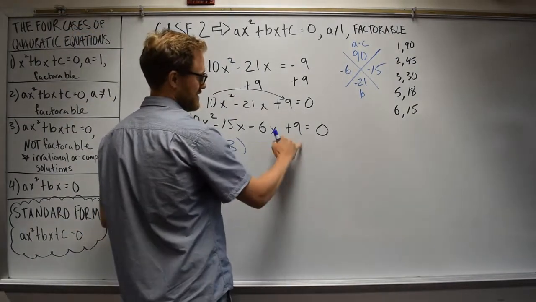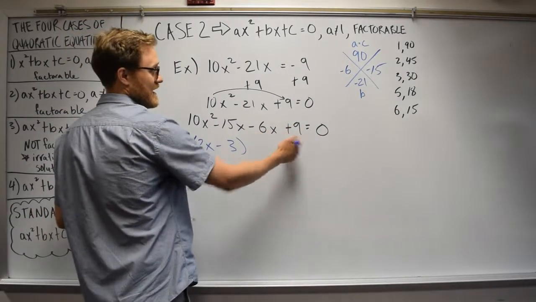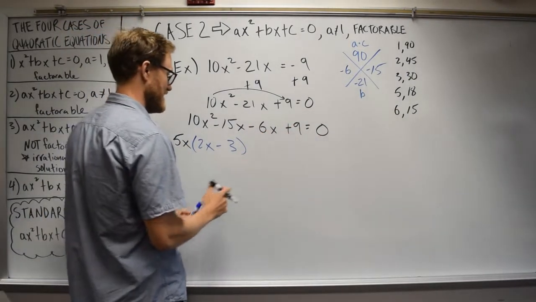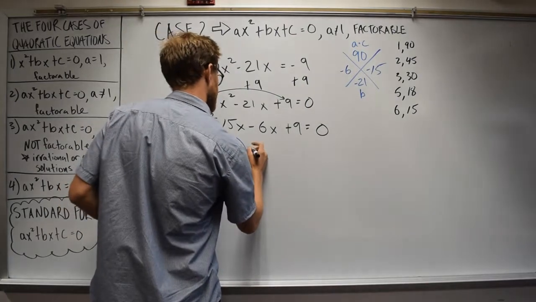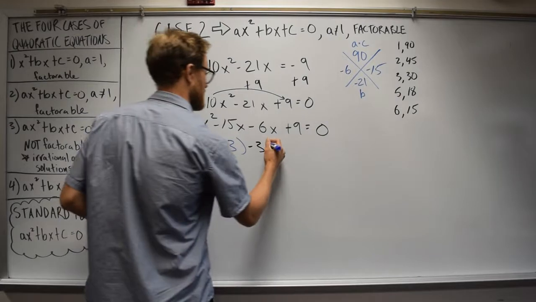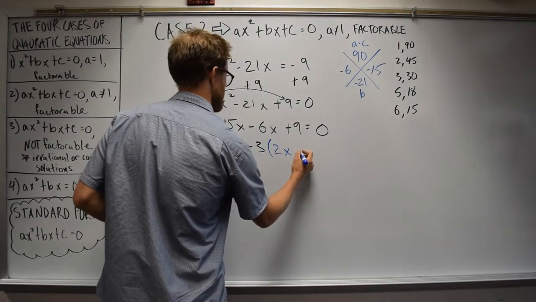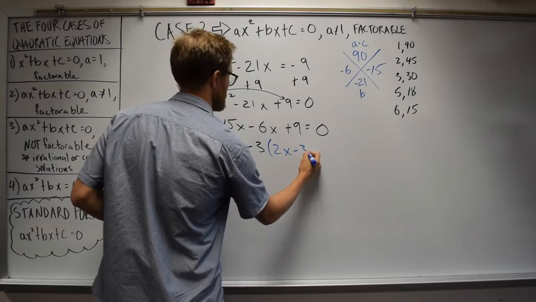And then I'm going to do the same thing with these. I'm going to factor whatever I can out of both of those. So negative 6x and 9, I can factor a negative 3 out of both of those. And what I'm left with is 2x minus 3.